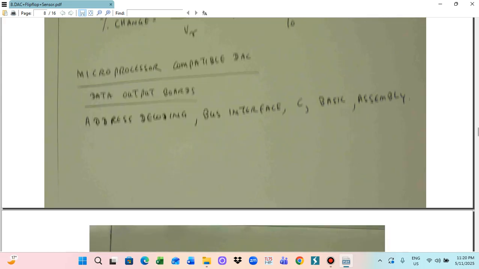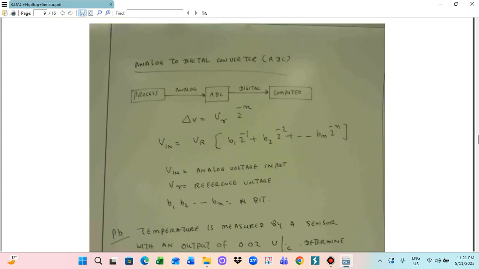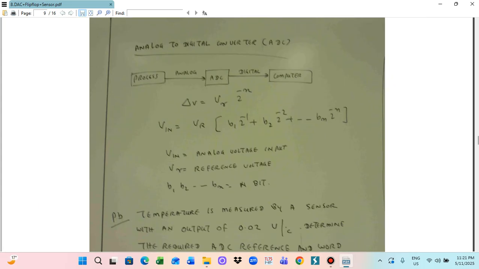Beyond the calculation, the next one is a microprocessor compatible digital to analog converter data output port. In this case, the data output will include the address device, address bus, and also the bus interface. This is for the analog to digital converter, which processes the incoming analog signal.